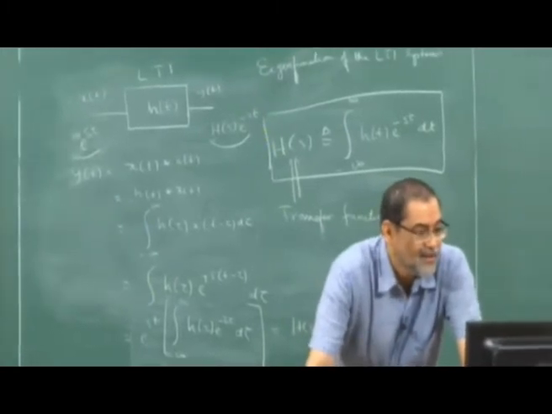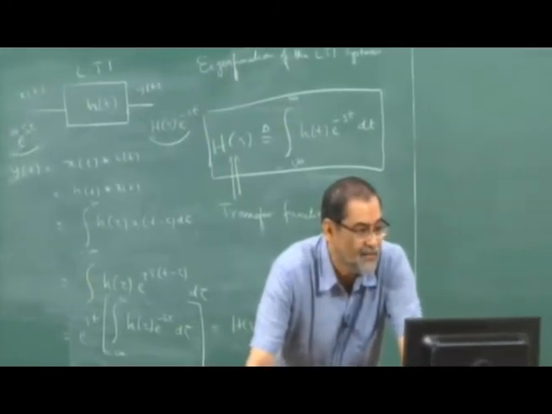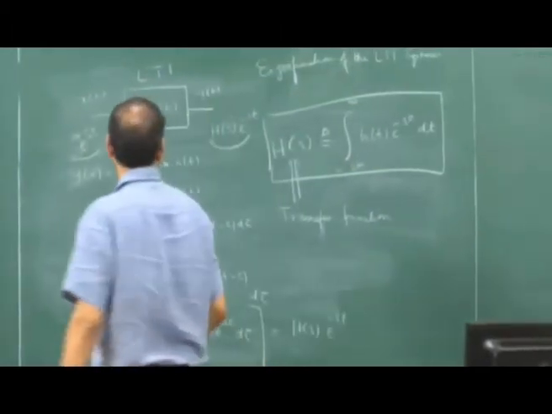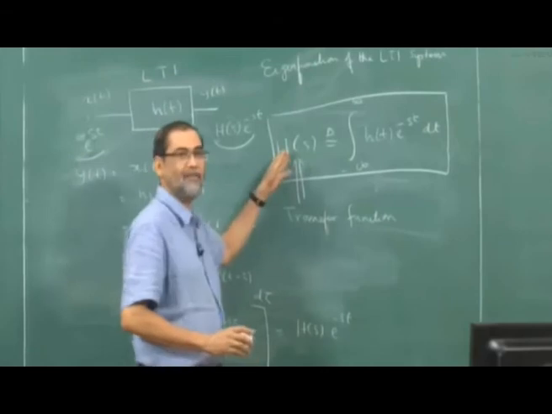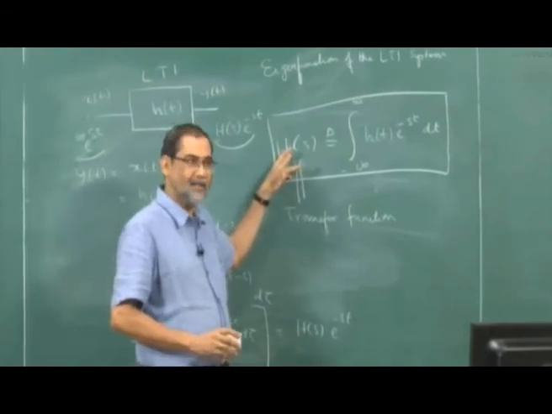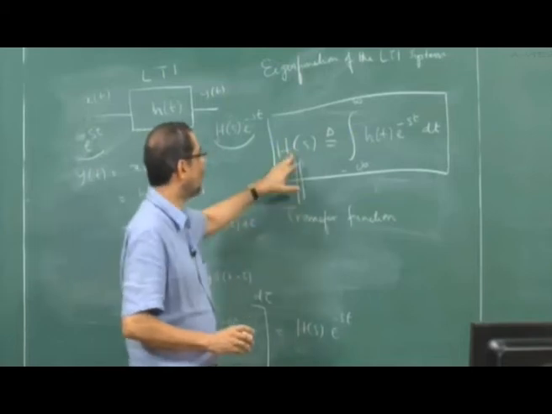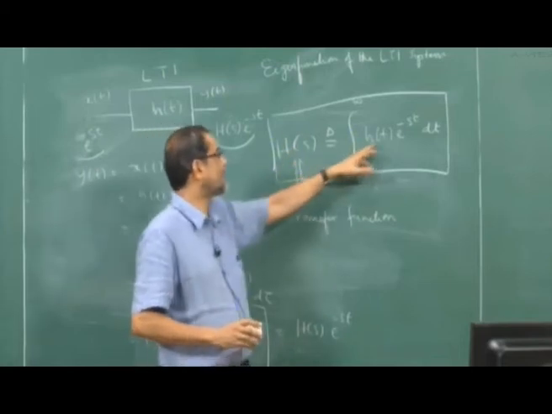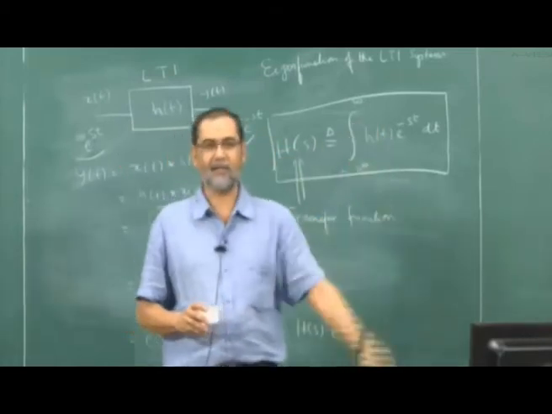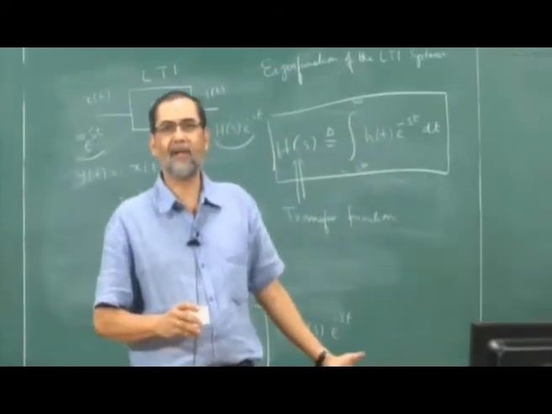From PSG Tech: similar to H of s, can we define X of s? Well, look at my definition of H of s here on the screen. H of t is some signal, and I can replace H by any signal, as long as that improper integral is defined.